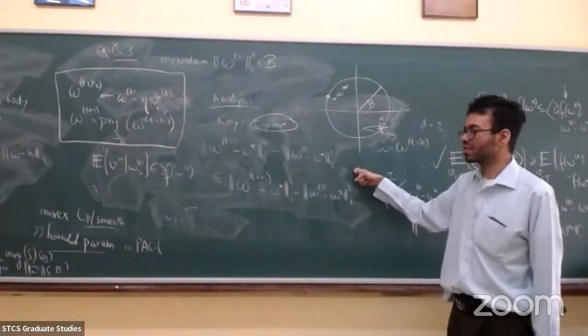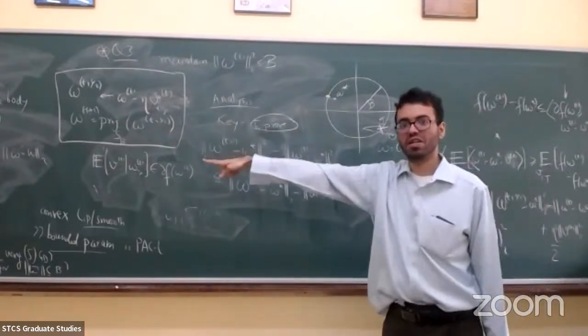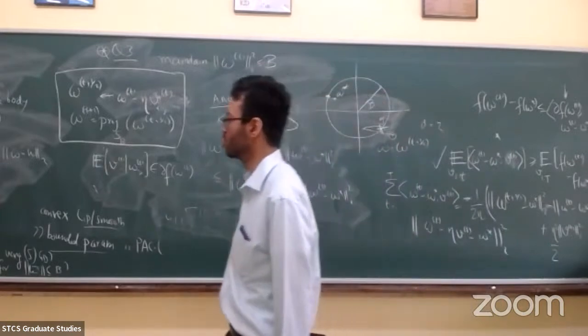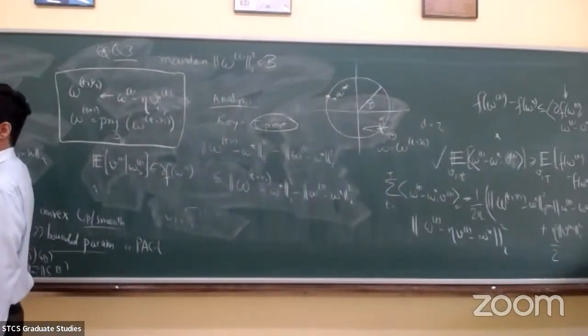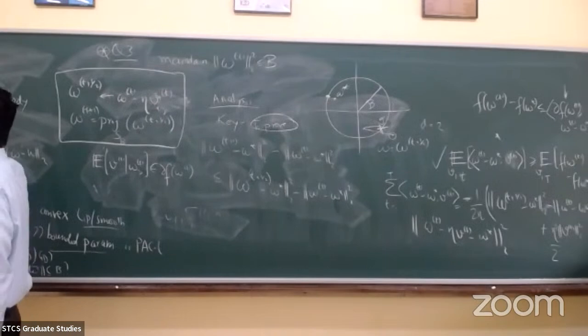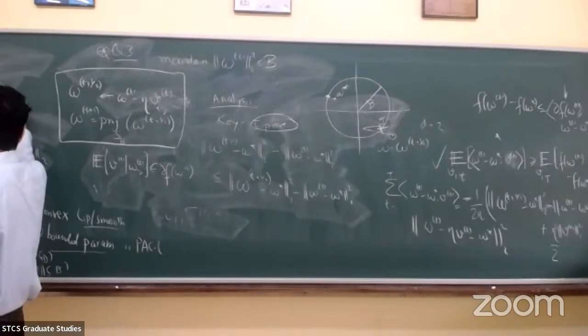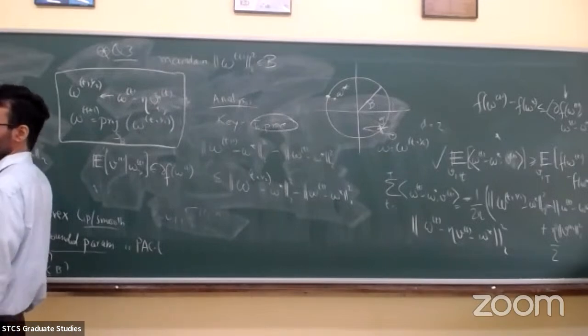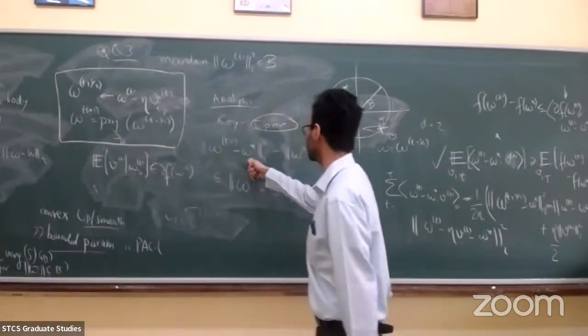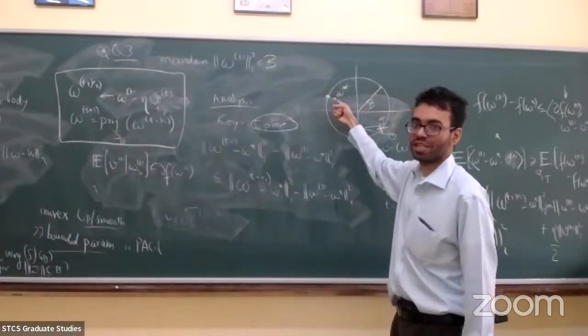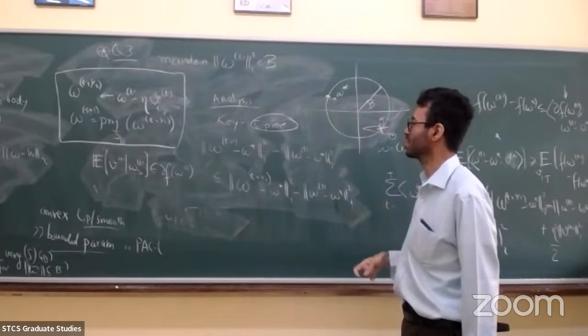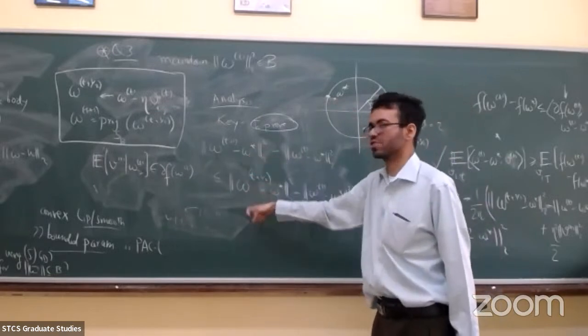And why is that true? That is true because of the projection lemma. It tells me that for any u inside a convex body, u is always closer to the projection than it is to the point which you had projected. And since W star is inside the sphere, that's the key thing. Therefore, this will always be true.